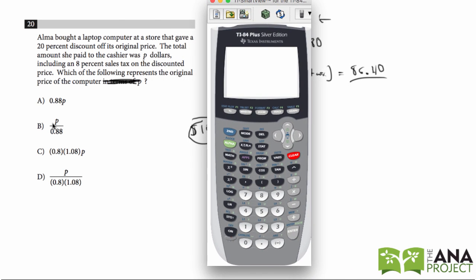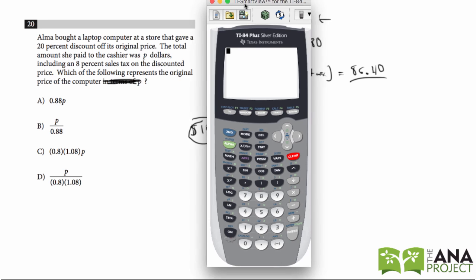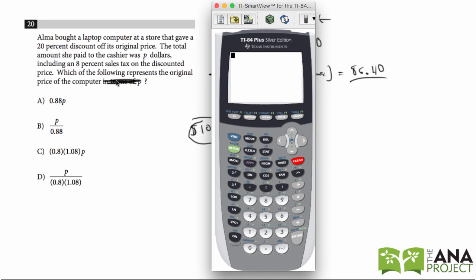So you just take your calculator. This is 0.88 times 86.40. So I already know that this is not going to be $100 because we're multiplying 86.40 with something less than 1. But if you're not sure, you can always just plug in $86.40 times 0.88. $76.03.